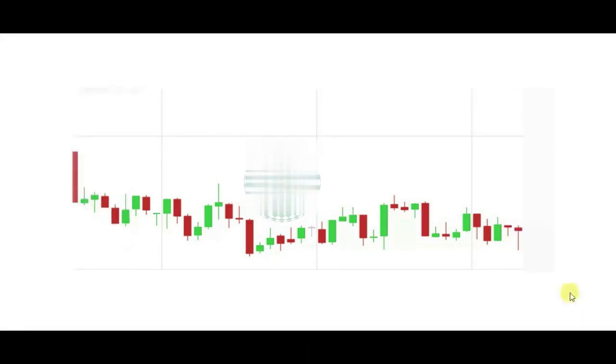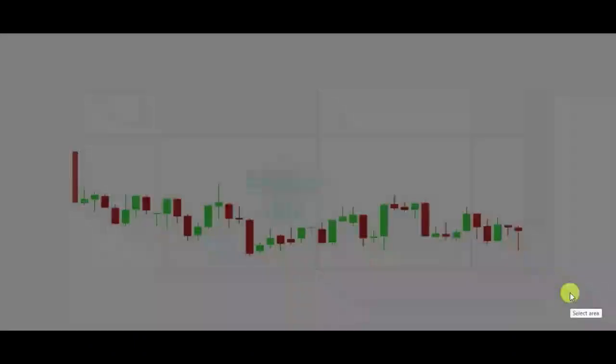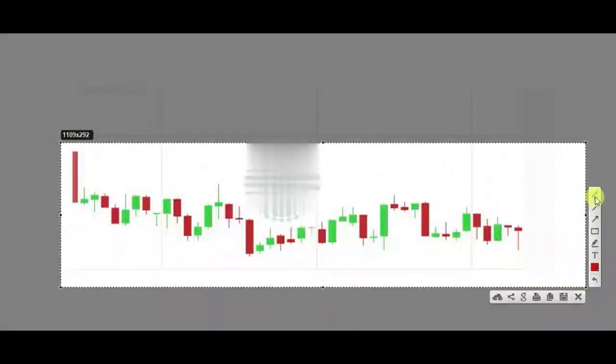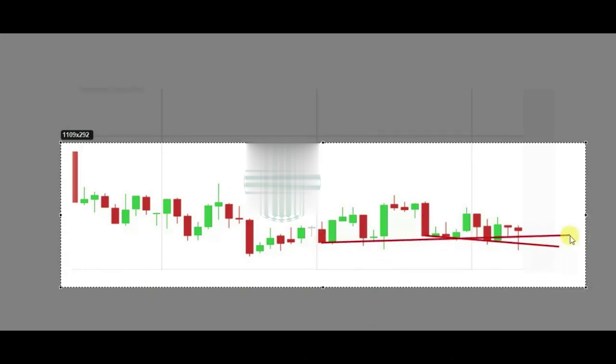Okay, sellers entry even with rejections. So for the candle close, is there any? Now we can draw this line something like this, because this is a price action now, and this is a price action, also this is a price action.